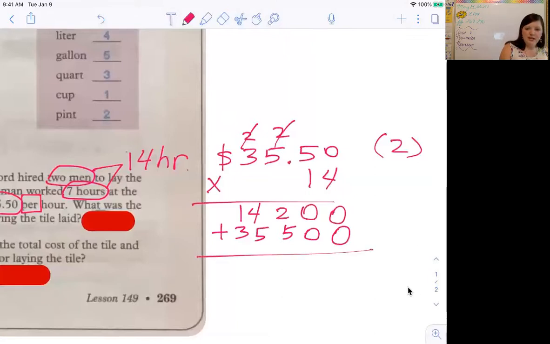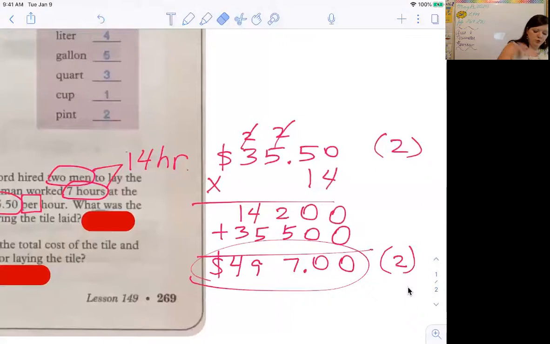Add your partial products together. Here we go. See if you can beat me. 0, 0, 7, 9, 4. 2, 1, 2. Decimal point, dollar sign, circle, boom. Wow. $497 just to get the floor installed.